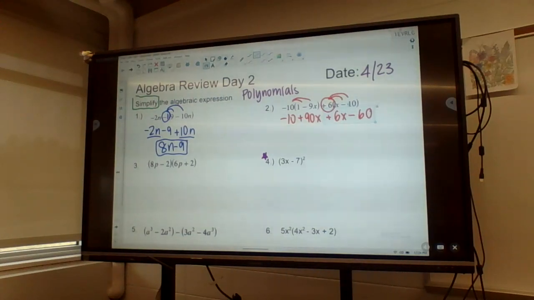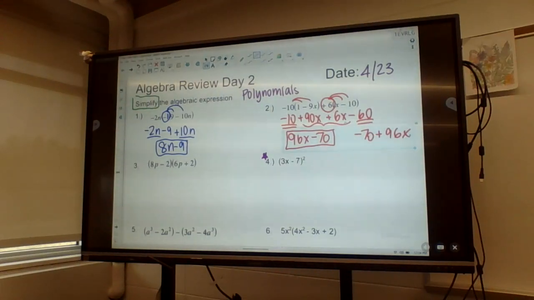The biggest thing is being careful on signs on this one. I like to do the x's first here, so I'm going to put 90 and 6 together. And then I'm going to put a -10 and a -60. Now technically it's not wrong if you have -70 plus 96x, that's fine. It's just more often than not we'll write it with the x term first.